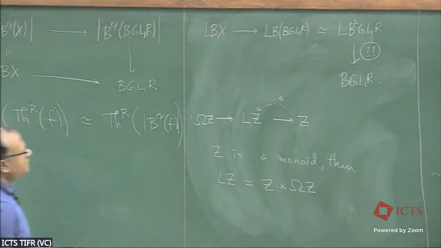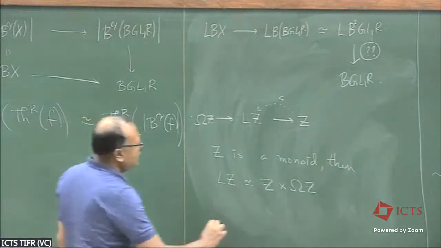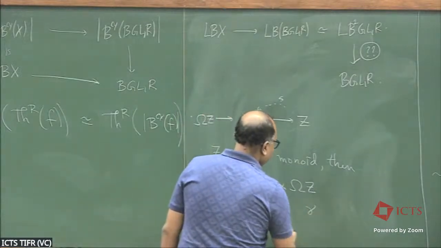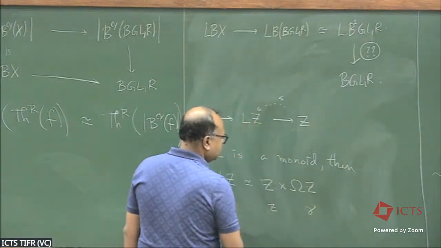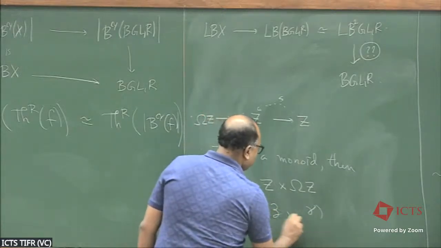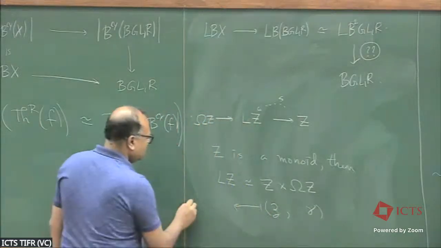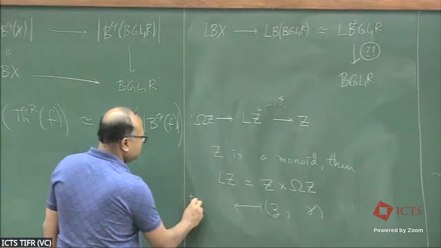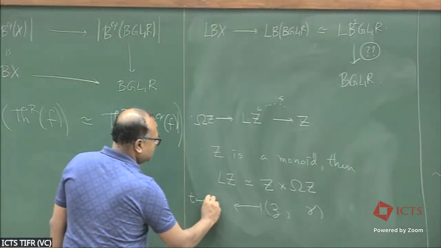Why does it help if Z is a monoid? Well, you can take a loop gamma and an element in Z, let's call it little z, and you can send it to the loop t goes to little z.